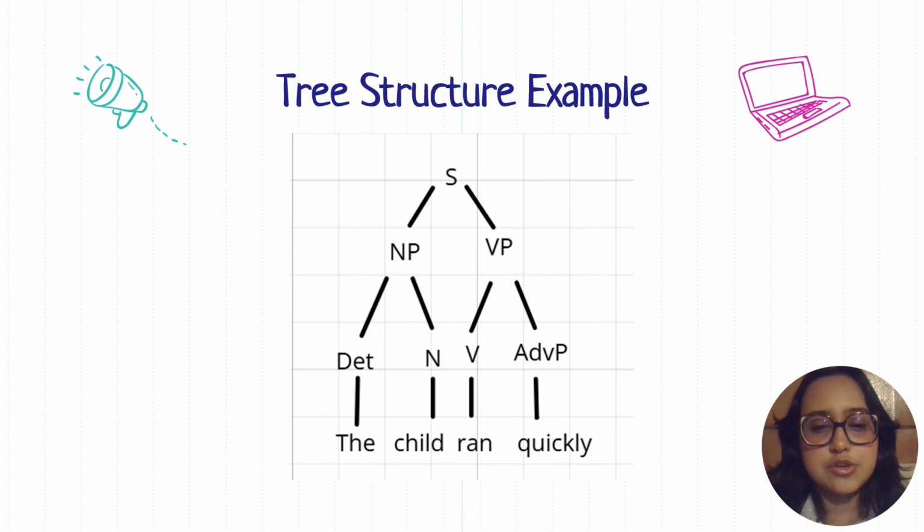The tree structure is formed by a sentence, a noun phrase, and a verb phrase. In this case, the verb phrase contains a verb and an adverbial phrase. And the noun phrase has a determiner and a noun.